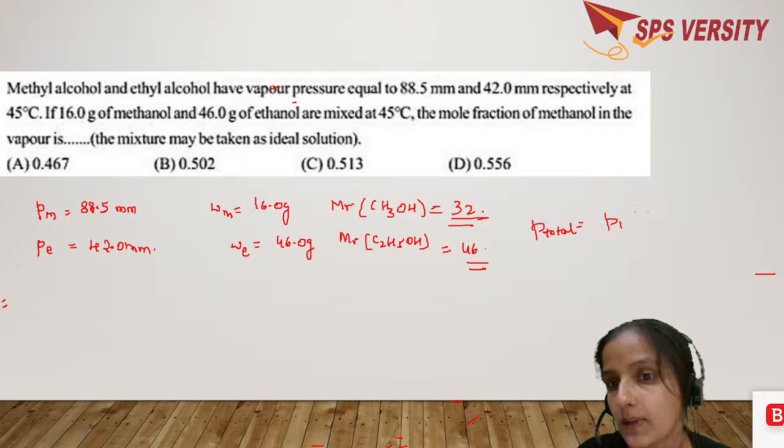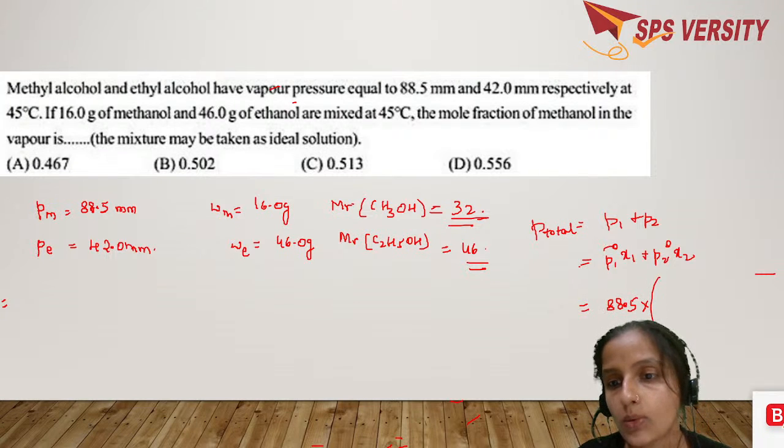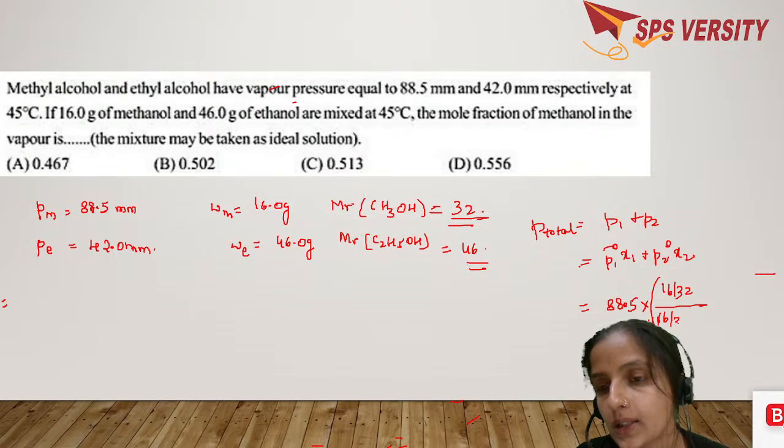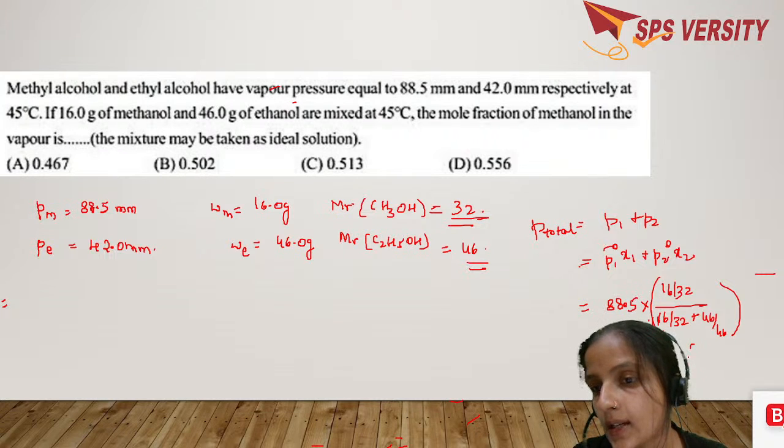So P total is P1 plus P2, which is P1 naught X1 plus P2 naught X2. P1 naught is 88.5, times the mole fraction of the first component, mass over molar mass, 16 by 32, divided by 16 by 32 plus 46 by 46. Plus the second component, 42.0 times 46 by 46, divided by the whole fraction, 16 by 32 plus 46 by 46.